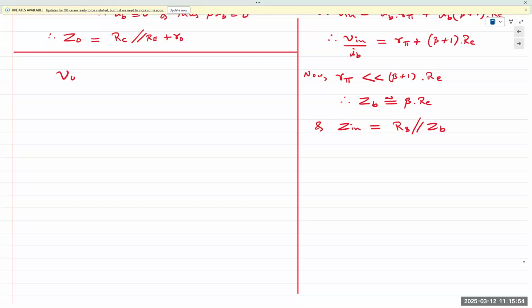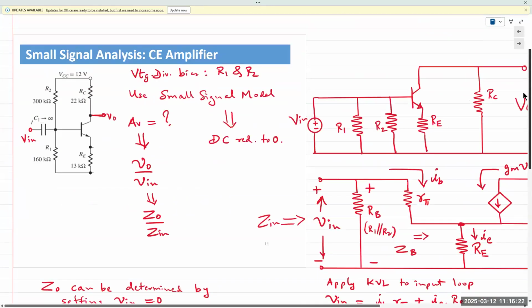So if you wanted to find VO, I could write VO is VRC. But because this is a small signal, meaning for AC analysis only, RC is connected to ground from the top, right? So the standard convention for VRC is that the top terminal, which was positive, is now connected to the negative end of VO. Again, go up to this step right here.